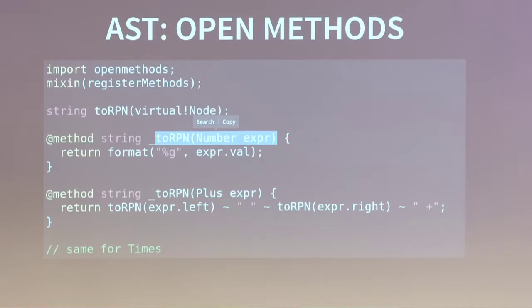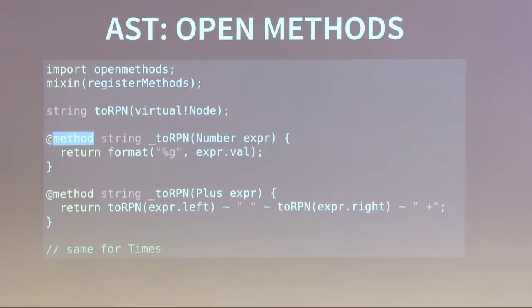Okay, so careful, you need to put the attribute. It's the equivalent of override for virtual functions. And you need to put the underscore. It's just a convention, and you can override it. So now I declare specializations for toRPN of number, toRPN of plus, and the same for times, right?